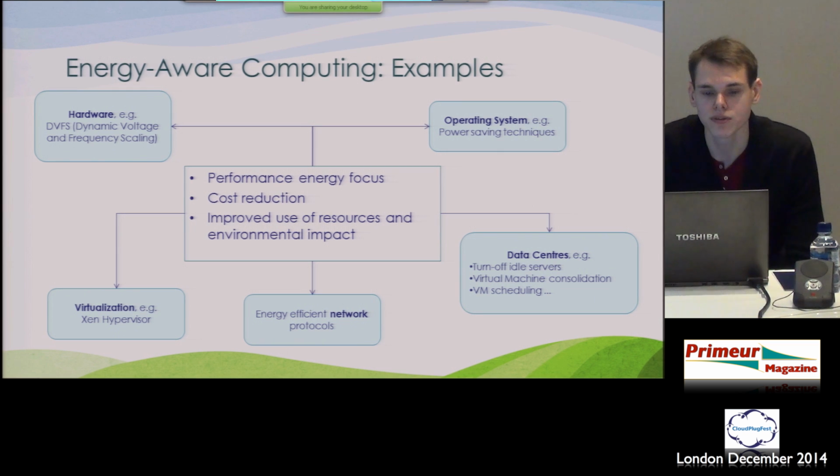Other avenues that people are exploring in energy-aware computing are in the network stack itself, especially now that we're moving towards a software-defined network paradigm, and also in the virtualization layer itself. So how can you make virtual machines and the hypervisors that run them energy efficient?